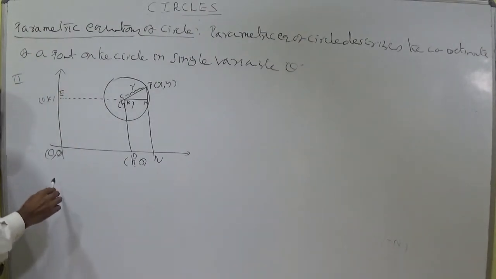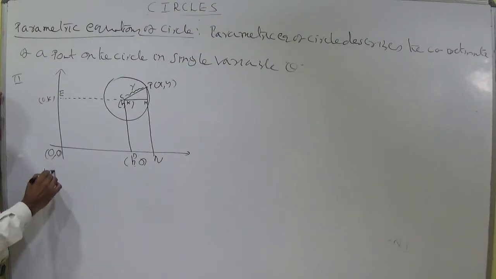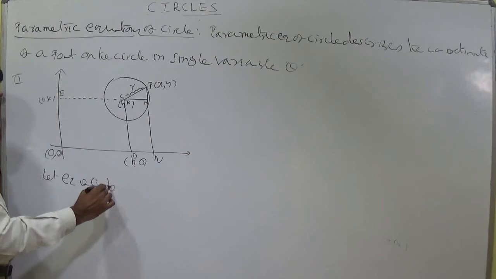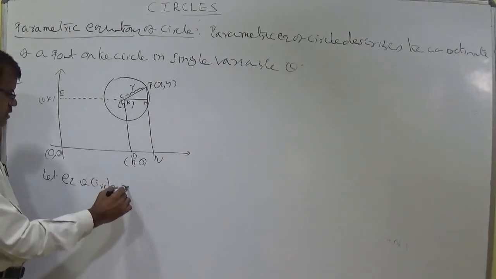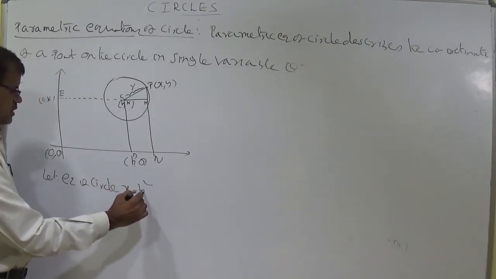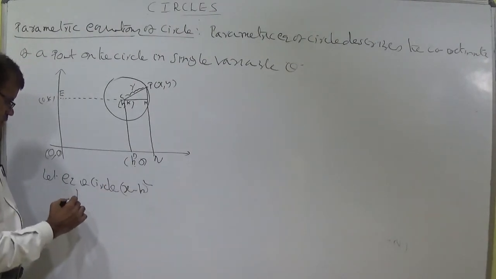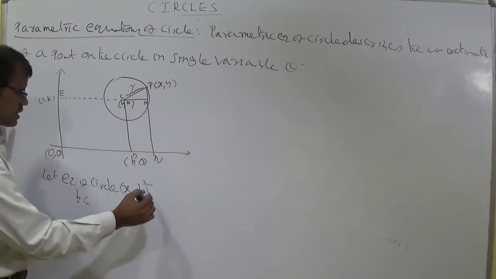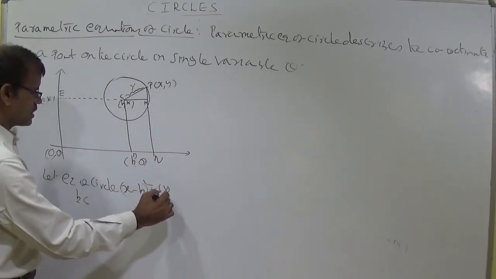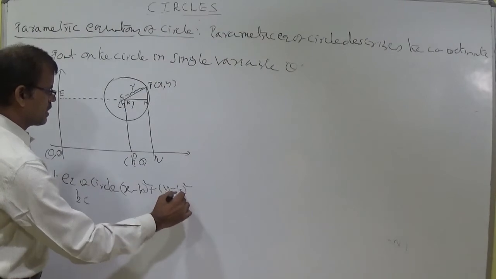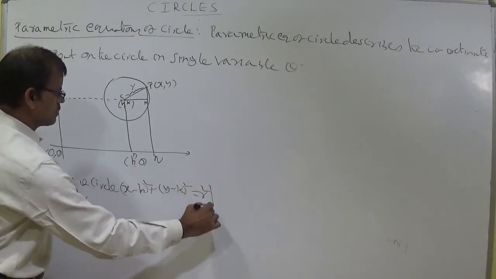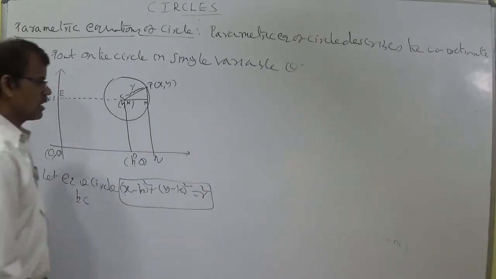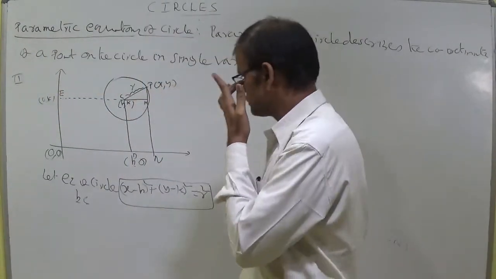Here I am writing let h comma k. Let the equation of circle be equation of circle B. Whenever let is there, you should use the form B. Let the equation of circle be x minus h whole square plus y minus k whole square is equal to r square, where h comma k is the center and r is the radius.